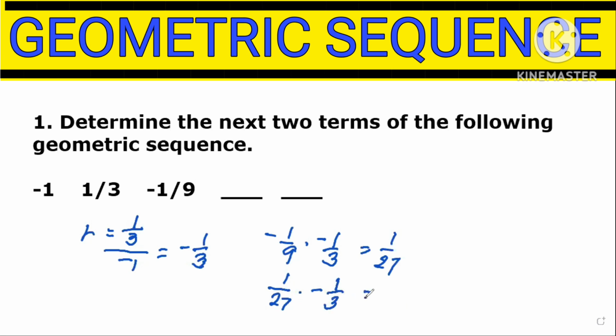So that is equal to negative 1 over 81. So the next two terms are 1 over 27 and negative 1 over 81.